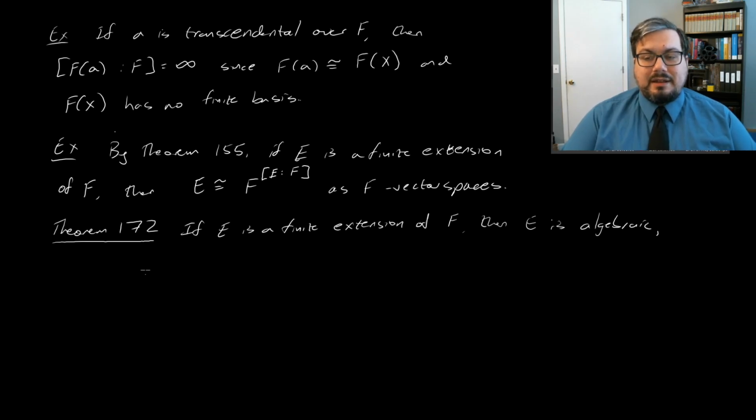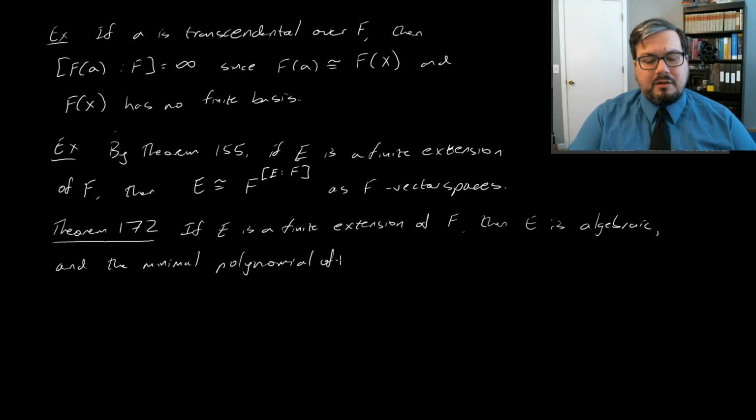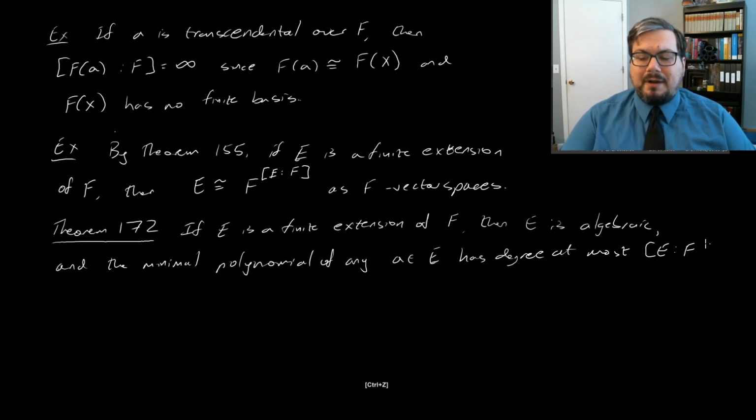Furthermore, we can go even further here, and the minimal polynomial of any element a in E has degree at most the degree of E over F. So a finite extension has a couple of very important properties.